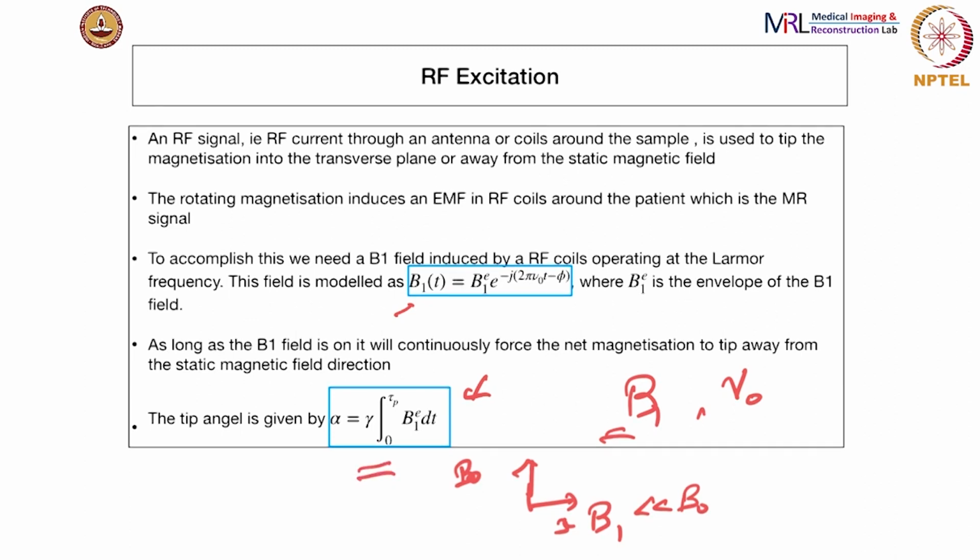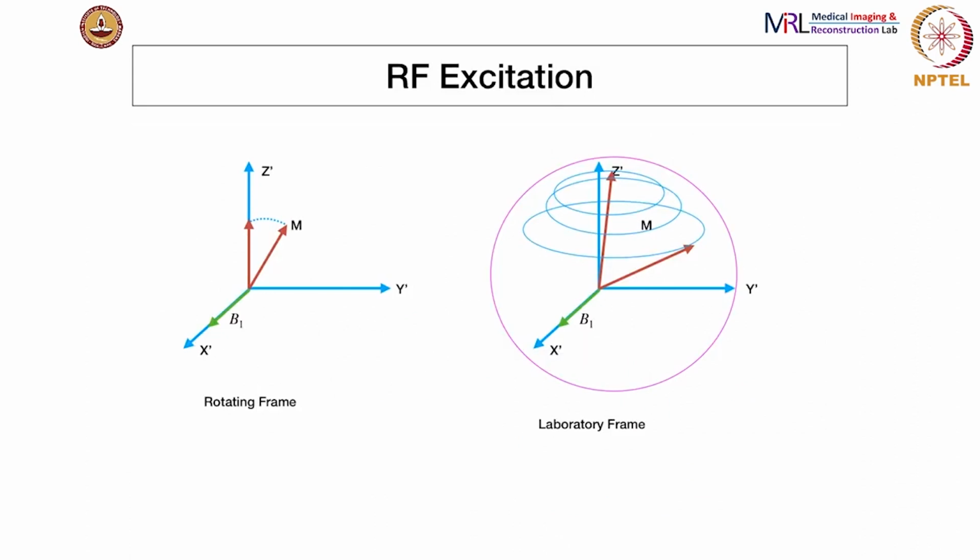Alright. So what's essentially happening is, if you look at it in the rotating frame of reference, this is your net magnetization. Let's say initially it's along Z, just for the sake of illustration. And again, I use X prime, Y prime, Z prime, it doesn't matter; I may just mean X, Y, Z. So it's along Z, and then you apply this B1 field. Let's say I applied it along B1, then it will tip the magnetization into this plane.